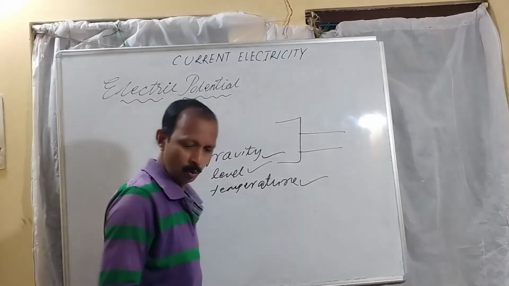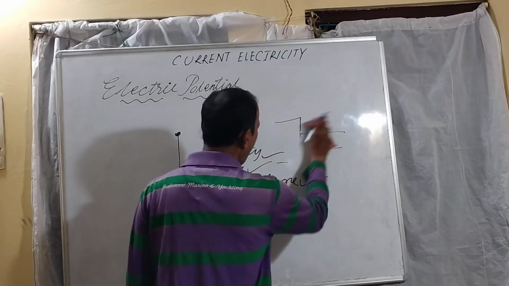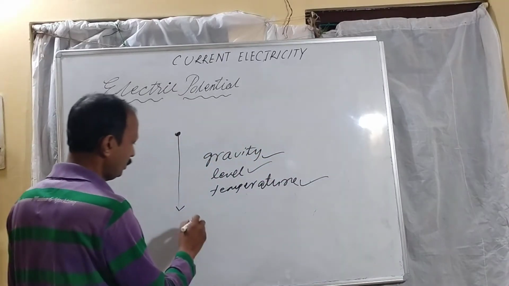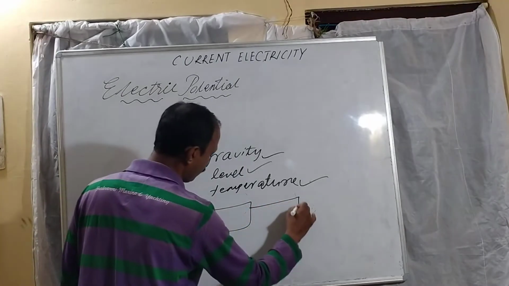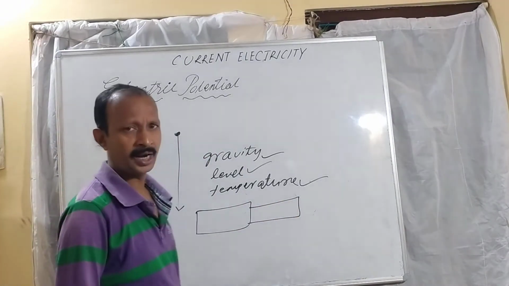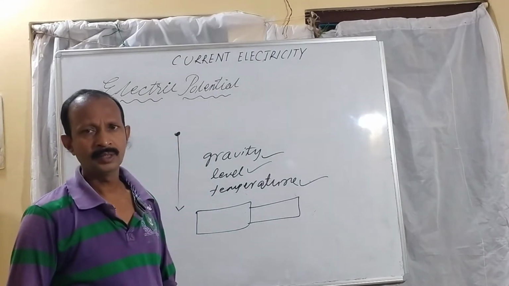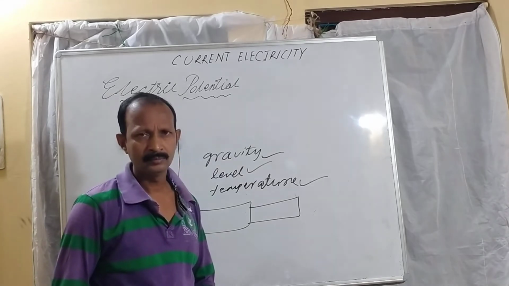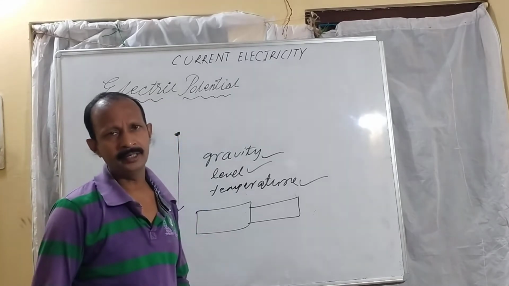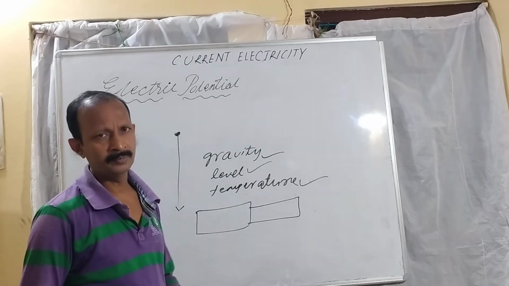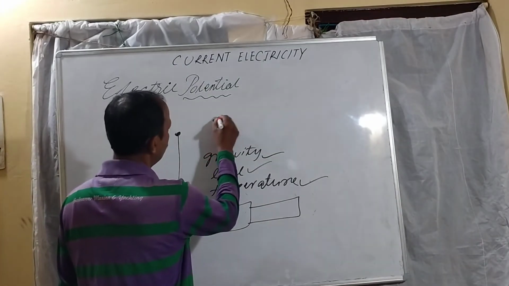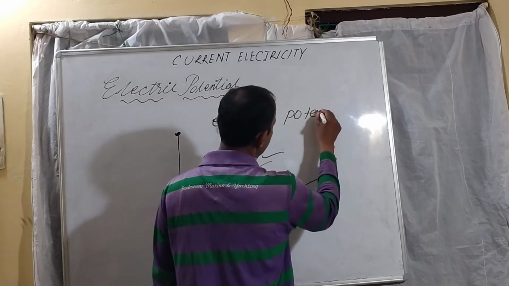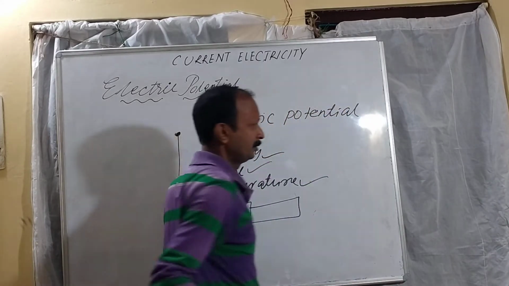Similarly, if two charged bodies are in direct contact or contact through a conductor, see here, this is a charged body, this is one more charged body, both bodies are in contact, then I can say that the flow of charge from one body to another body is decided by a factor, that is called the electric potential.